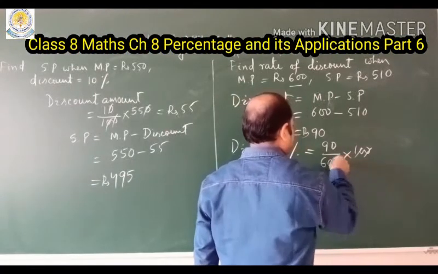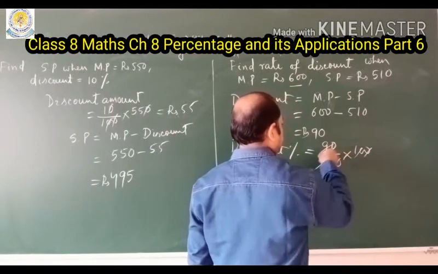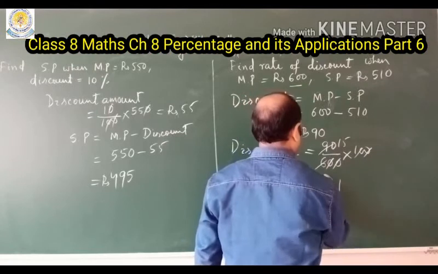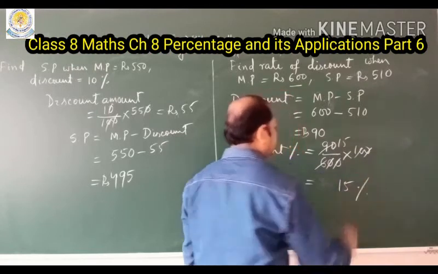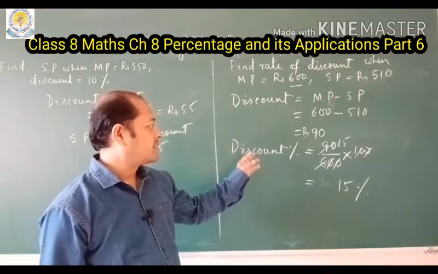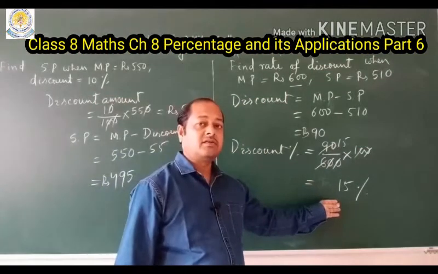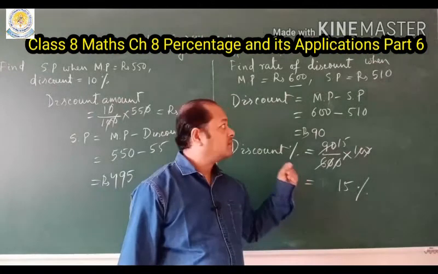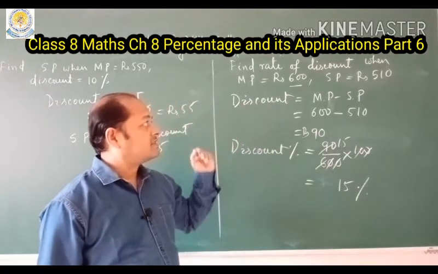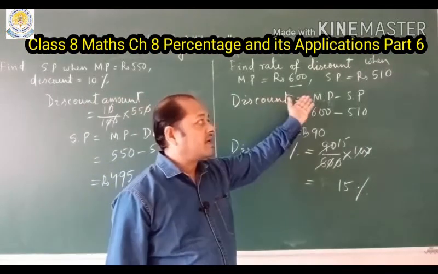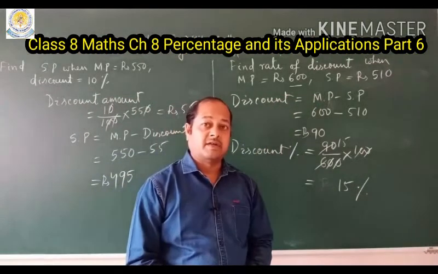Just simplify it: 15 sixes are 90. So you got 15. That is a percentage, because the discount percentage is asked. So the answer is 15%. According to the question, the rate of discount is 15% when the marked price is 600 and the selling price is 510.